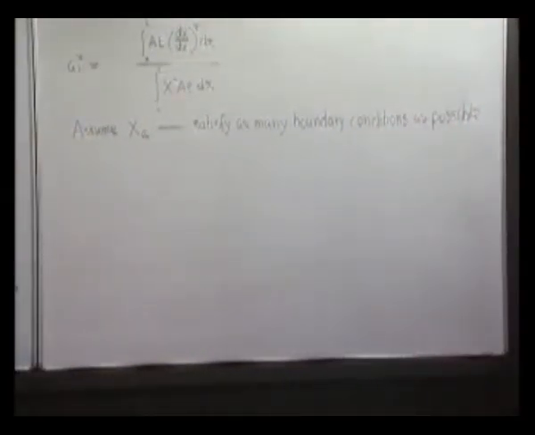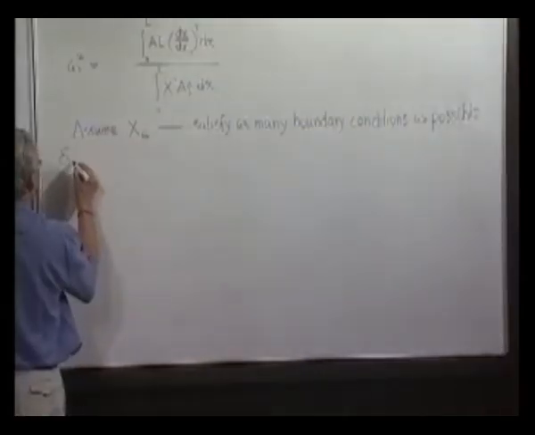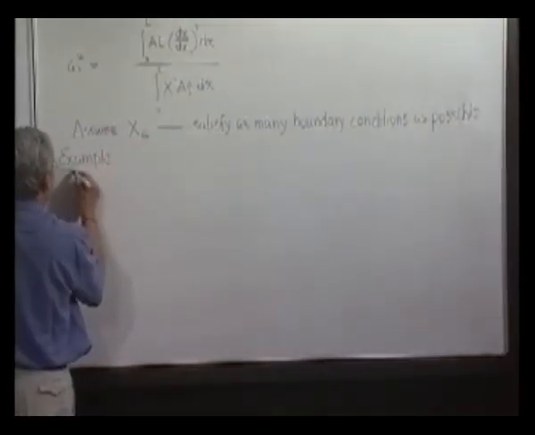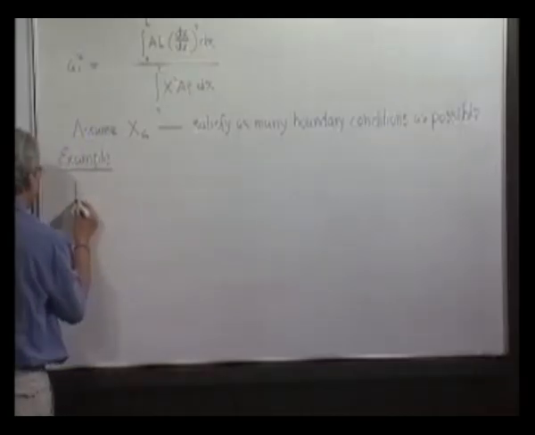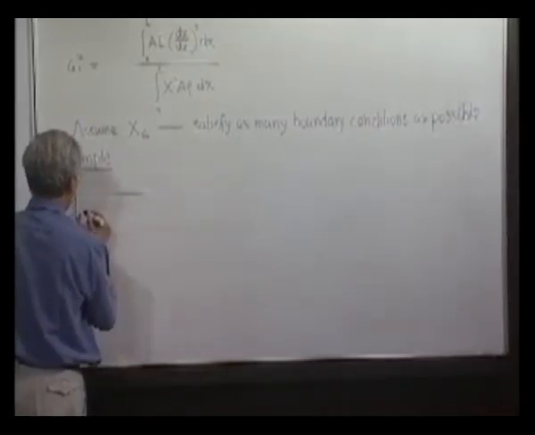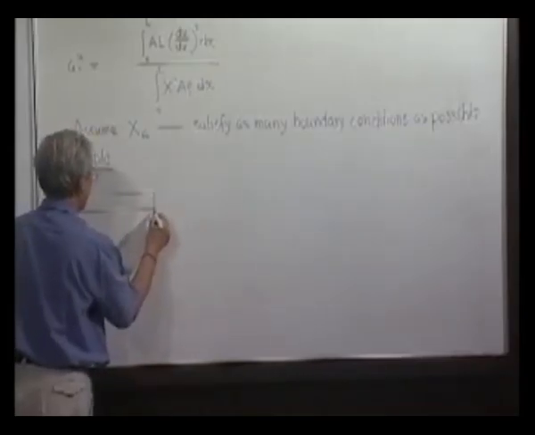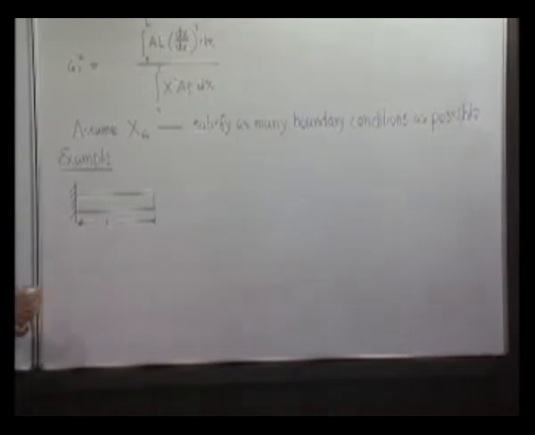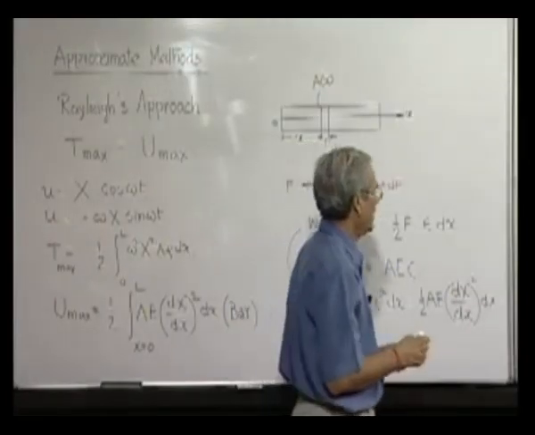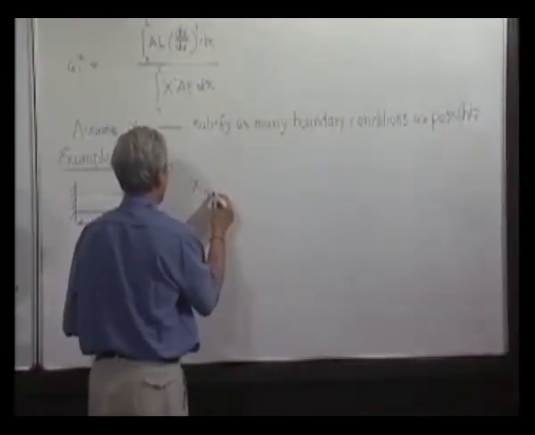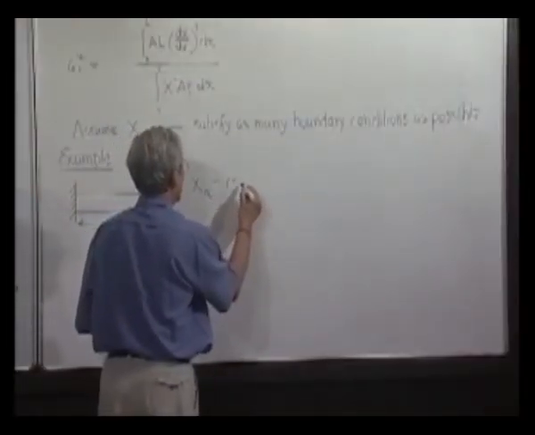So, for example, to see the beauty of the method, let us take the simplest possible case of a bar with one end fixed, other end free, whose solution we already know. And let us consider X, in a very simple form, as some constant into x.